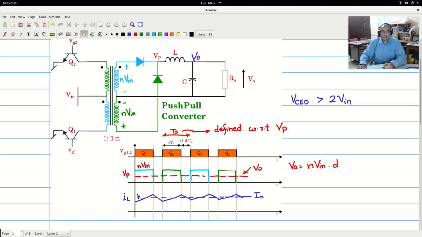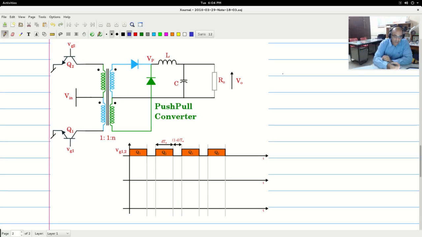Now there is one small aspect which I want to discuss, that is the freewheeling aspect and the flux within the core. Then the discussion on the push-pull will be more complete. Let us look at that. Now consider the flux waveform within the core.